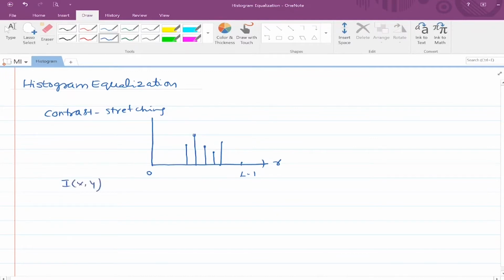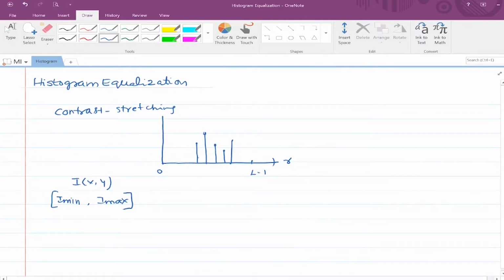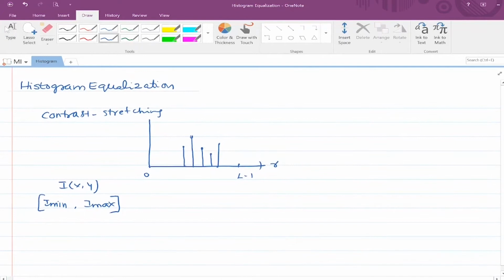Let the minimum and maximum intensities in the given image be I min and I max, giving the range of values. So if you point them out in this histogram, this value would correspond to I min, and this would correspond to I max.